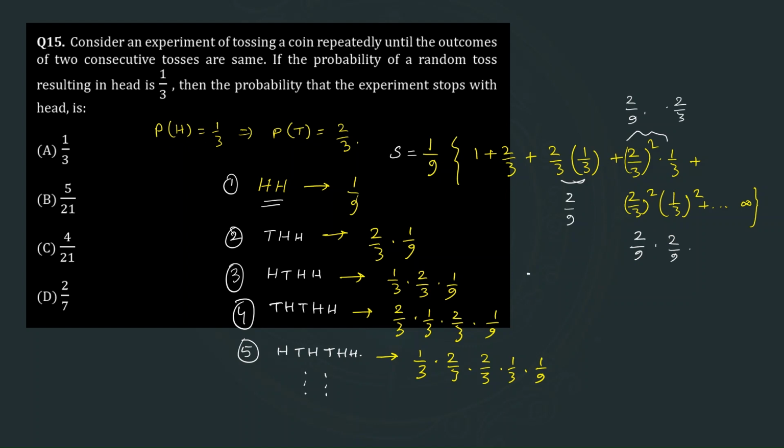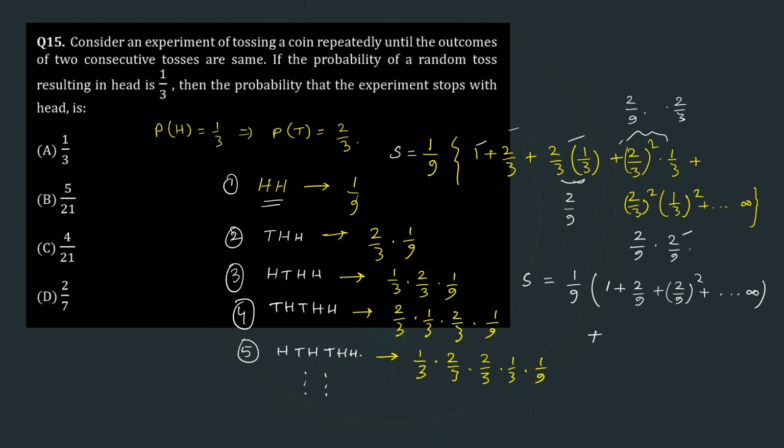So this series S will become 1 by 9 will be common, and then we take these terms together. So 1 plus 2 by 9 plus 2 by 9 whole square, and then similarly 2 by 9 whole cube, and so on up to infinity, and then group these terms.